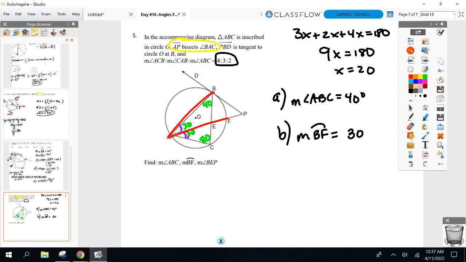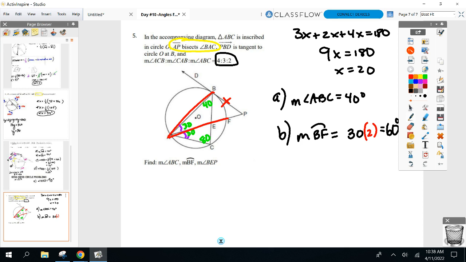What number did I take half of to get that 30? So I'm doubling the inscribed angle to get to the arc. Inscribed angle is equal to half its arc. I knew the angle already, so instead of taking half, I'm going to go in reverse and double it to get the arc.